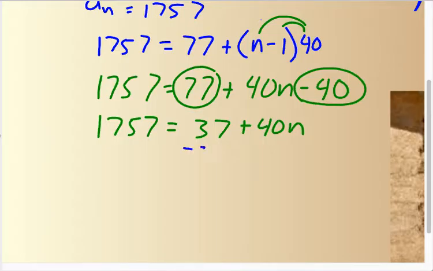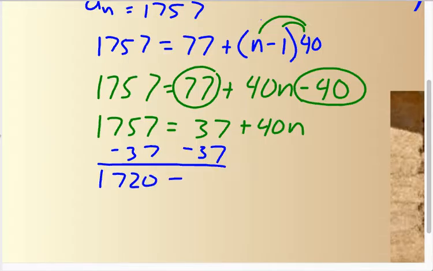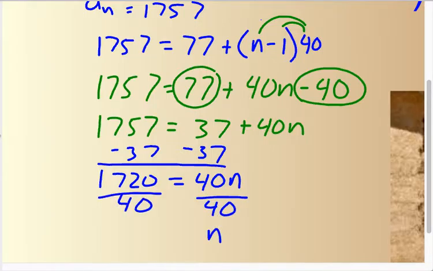Subtracting 37 from both sides, we are going to get 1,720 equals 40n. And finally, we just divide both sides by the 40.